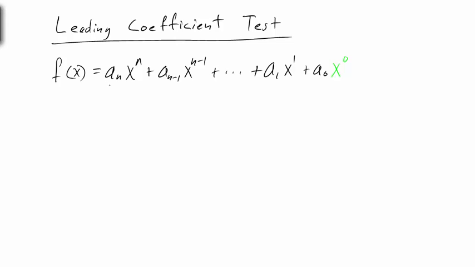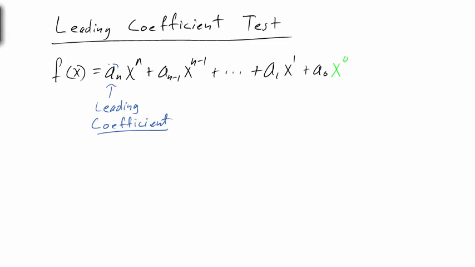So the coefficient here that is with the largest exponent is called the leading coefficient. Now, as long as you have your polynomial in descending order, where you have your largest exponent first and then the next one and so on, this first piece is always going to have your leading coefficient.